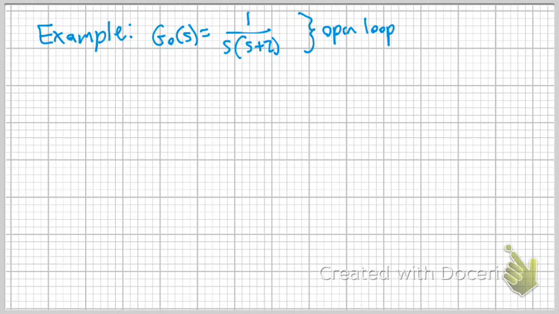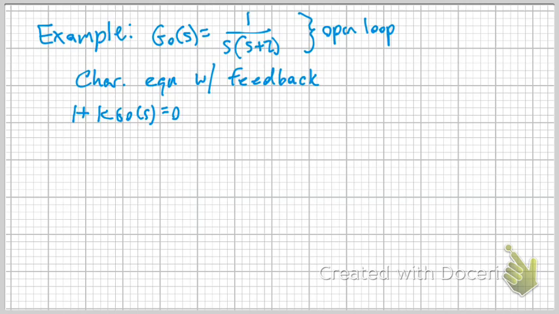But we want to put this into a feedback controller, in which case our characteristic equation with a feedback loop, so once we've closed the system, would be 1 plus k G0 of S equal to 0, which for this example would be 1 plus k over S plus 2 equal to 0.